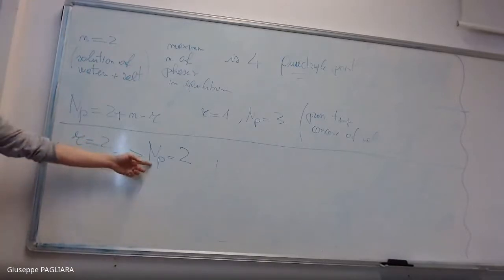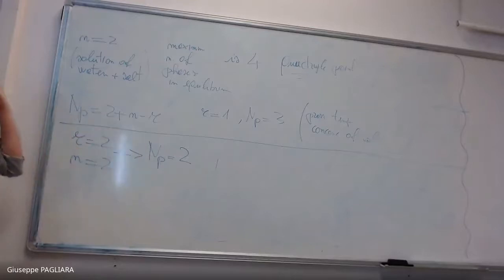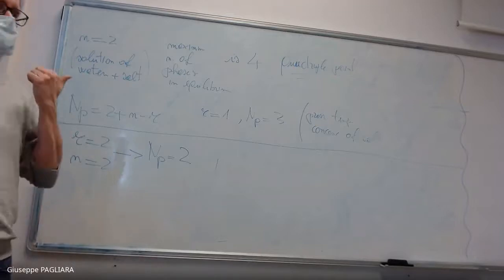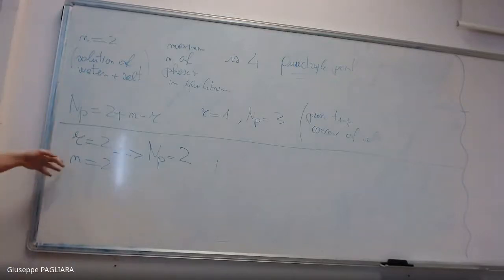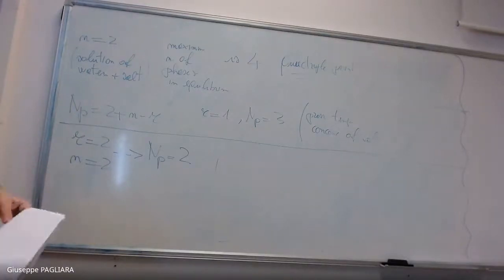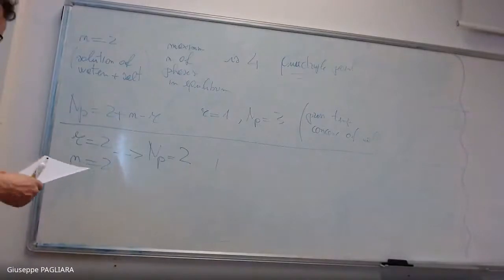Now you need 2 parameters. That is different for the case of water, in which you just need 1. If you know the temperature, you just know the vapor pressure automatically. Whereas in this case, if you know the temperature, you also need to specify another parameter, which could be the pressure, or could be the concentration of one of the components.